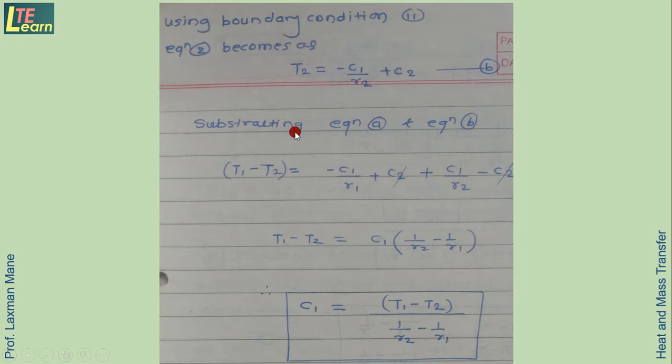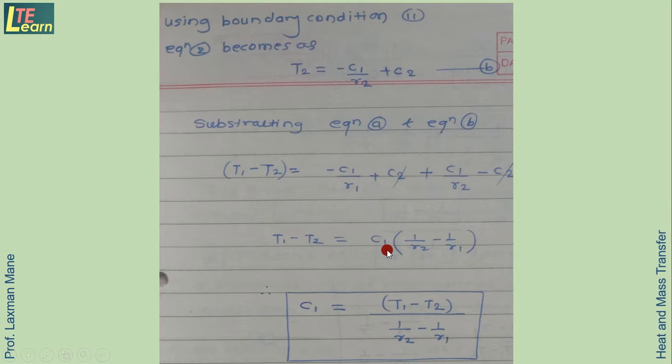Then we subtract equations A and B, meaning T1 minus T2 on the left side, and on the right side this is equation A and this is equation B. Now in this case, because of the subtraction sign, this plus sign of C2 becomes minus here, and this minus sign of C1 upon R2 becomes plus.